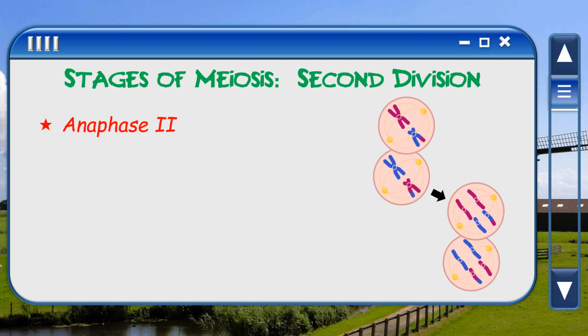Now from metaphase 2, we go to anaphase 2. We finished metaphase 2 when the sister chromatids had aligned themselves at the equator, the center of the cell.